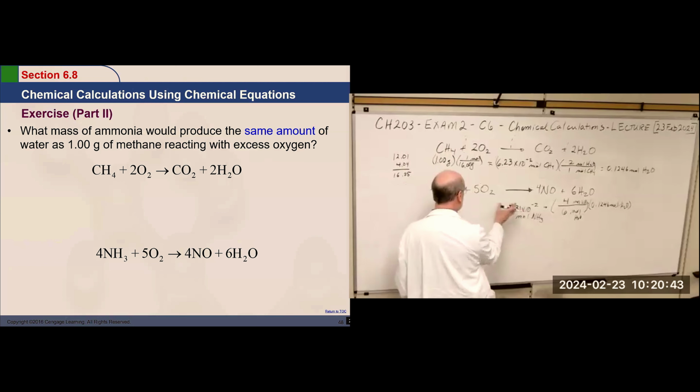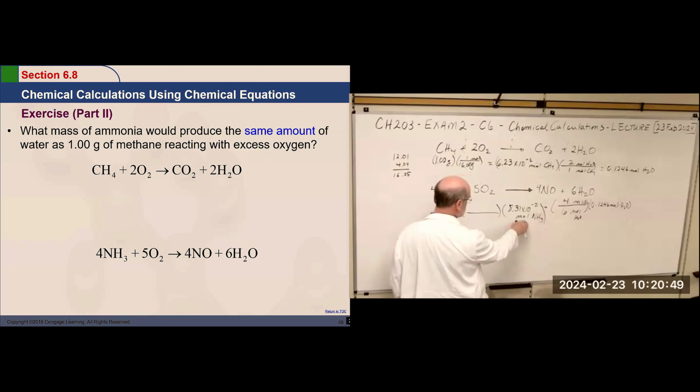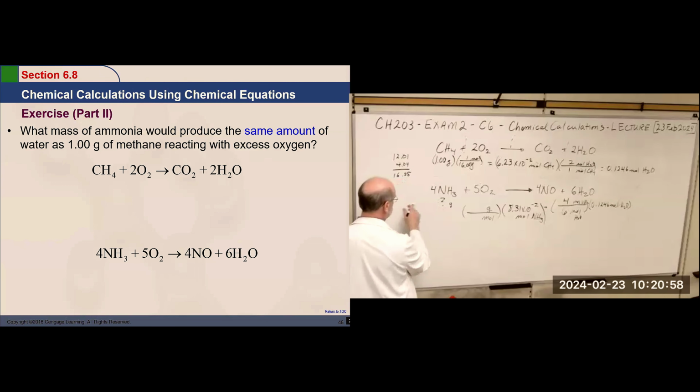Now we just need to convert moles to grams. Right? So, all right, we know how to do that. This is in the numerator. This would be in the denominator. Grams on top would be the value we want. So what's the molar mass of ammonia? 14.01 for nitrogen, right?